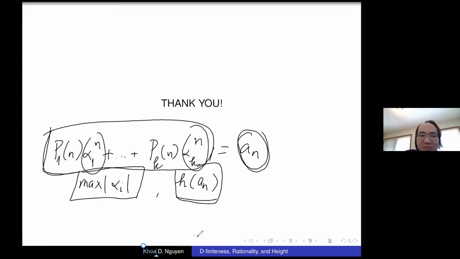Even for Mahler functions, a lot of the interesting examples actually have coefficients in Q. There are probably interesting examples where coefficients are not from Q, but I'm not aware of those.